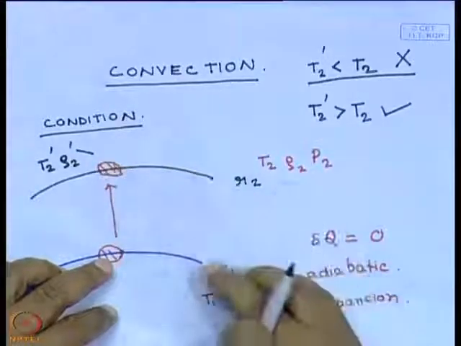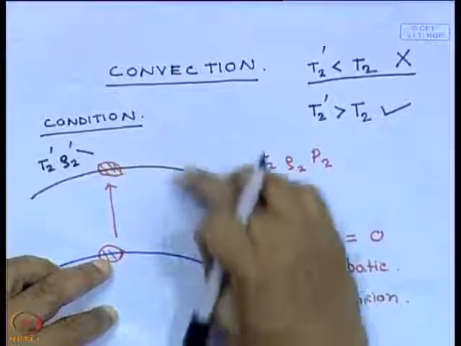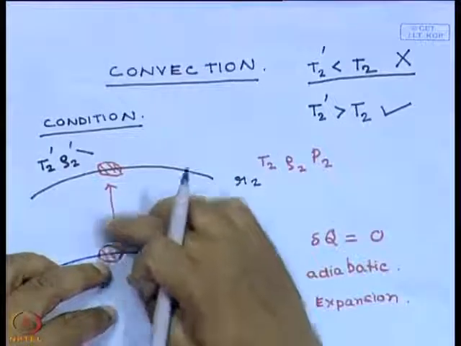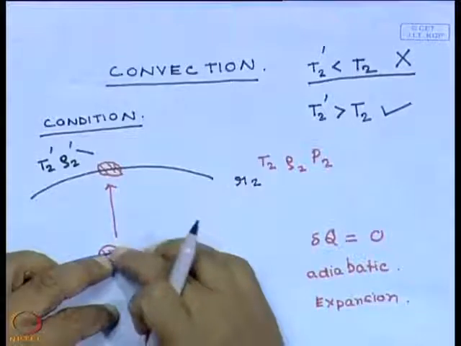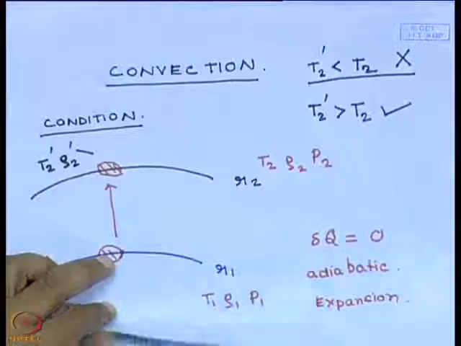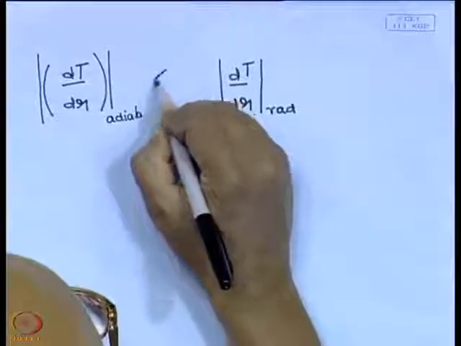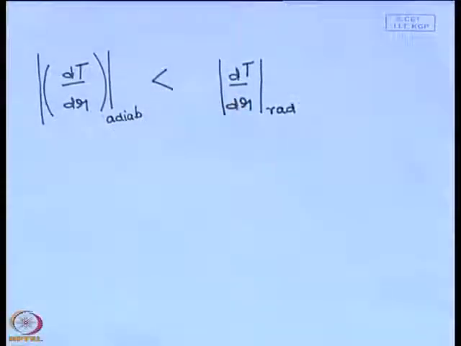And we want the surrounding temperature to fall more than the temperature of the bubble. So, the condition for convection is that this should be more than this.